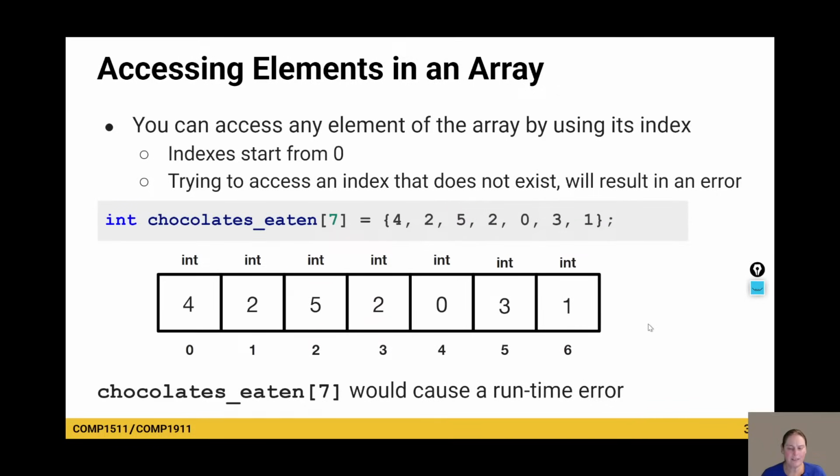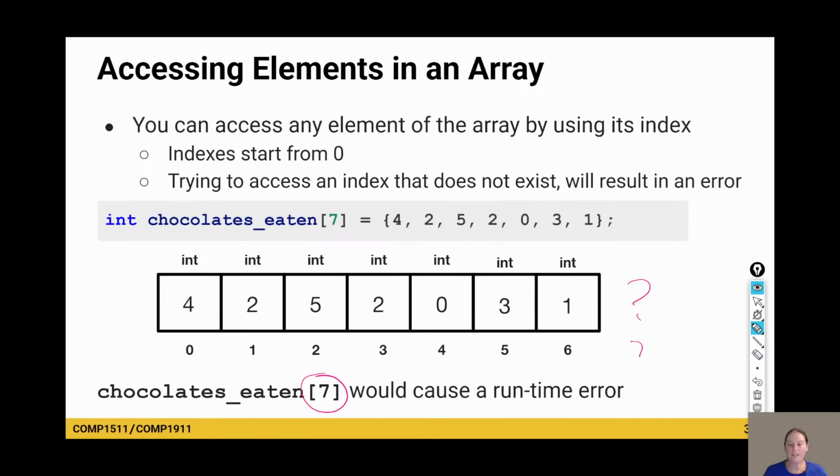Now, what if I did try and go to chocolates eaten at index 7? So I go to here, so I'm trying to think that there's an index 7. There is no such thing. I'm going to get some kind of error. And depending on what compiler we use will depend on the error we get.